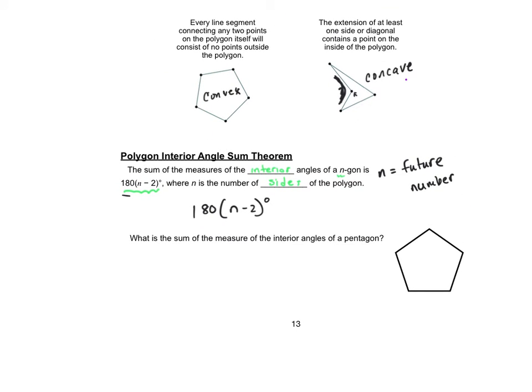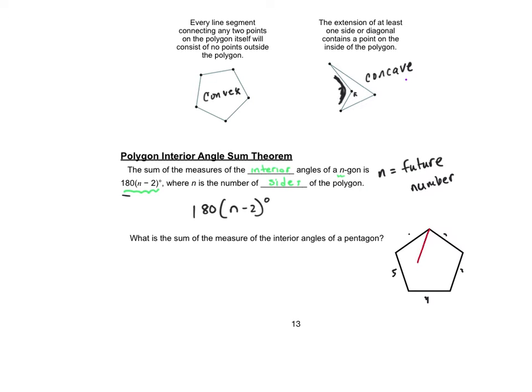As I look here, I have this pentagon, which has 5 sides: 1, 2, 3, 4, 5. What is the sum of the measures of the interior angles of the polygon? I could divide this up.